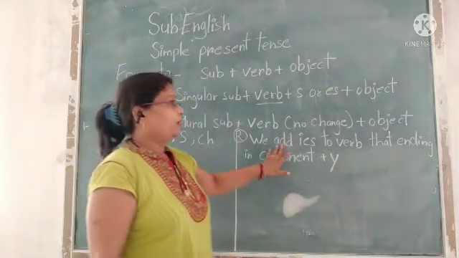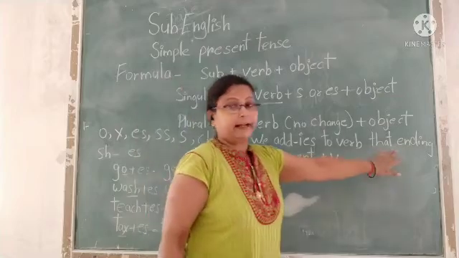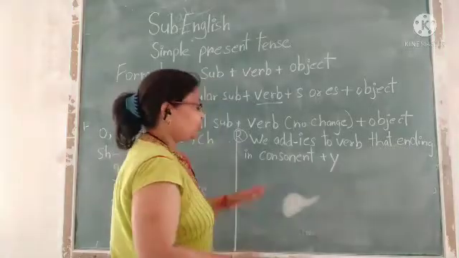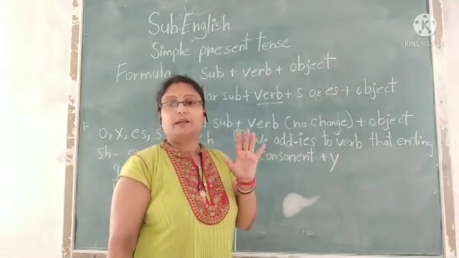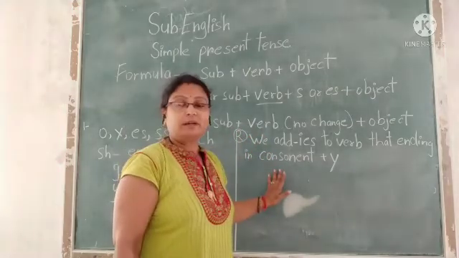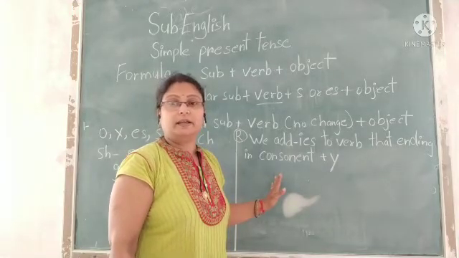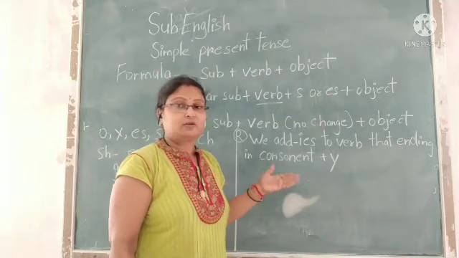Do you know what consonants are? Yes, there are 5 vowels A, E, I, O and U, and there are 21 consonants, and these are B, C, D, F, G, H, J, K and so on.